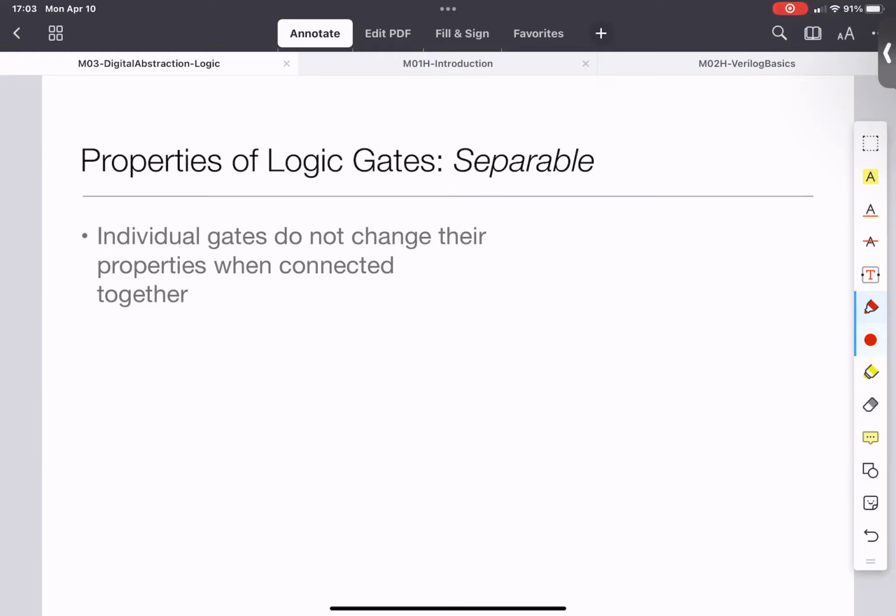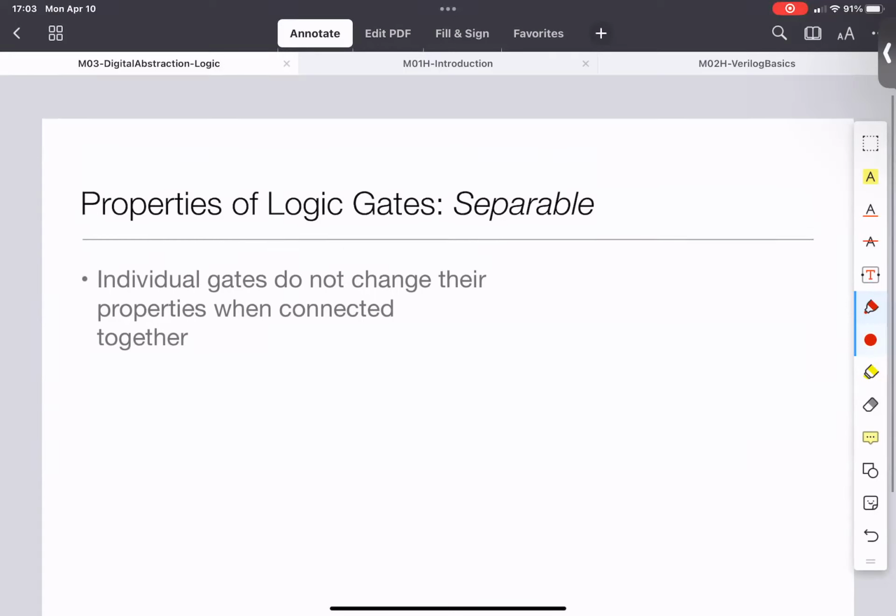And of course, electrical design practices are such that we design these things, we size them, and make sure that the separation property holds. So if I take one module from a library of hardware blobs and connect it to another module, we don't want the functionality to interfere with each other.